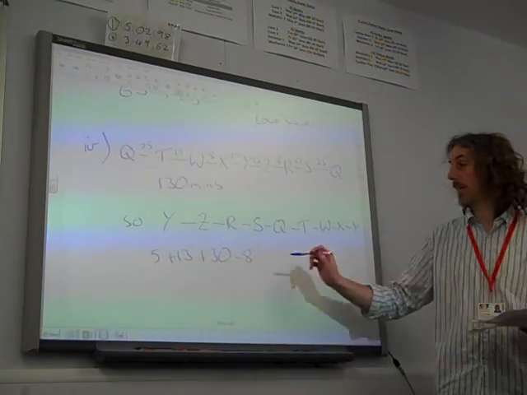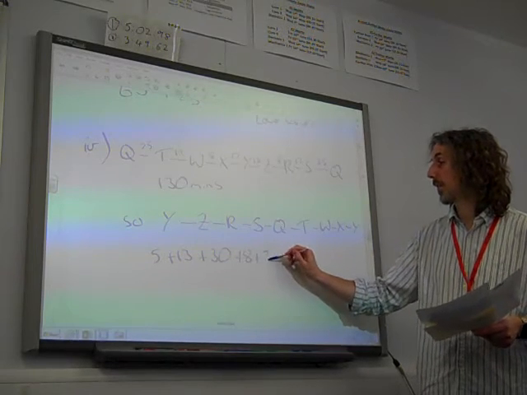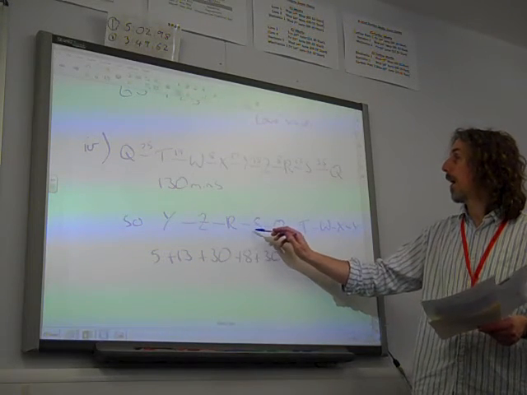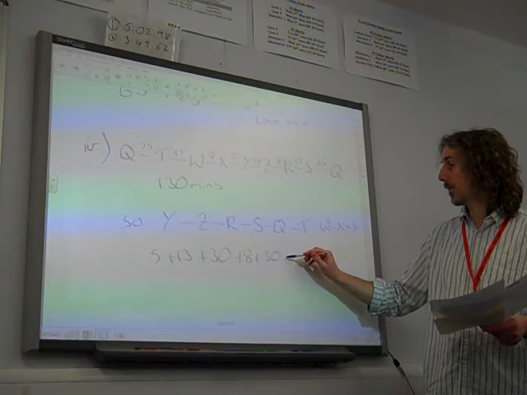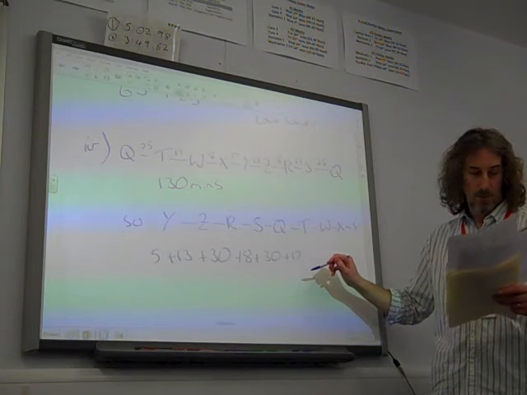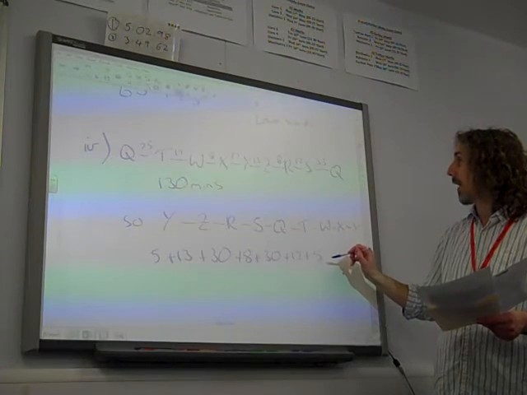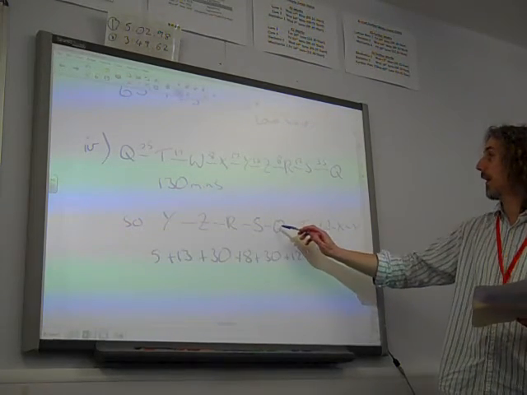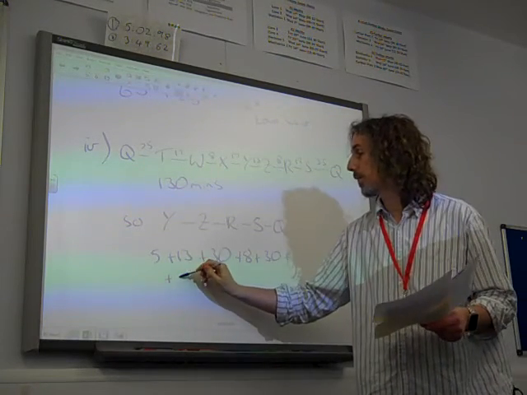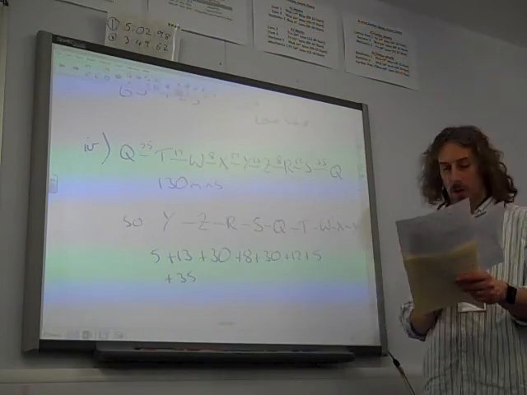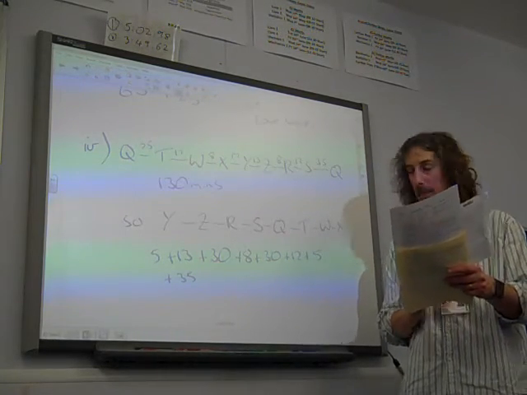R is in the 30-minute stop list. R to S is 12. S is a 5-minute stop. S to Q is 35. Q is in the 30-minute stop.